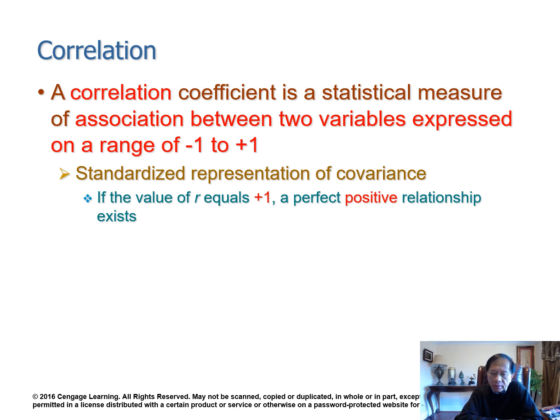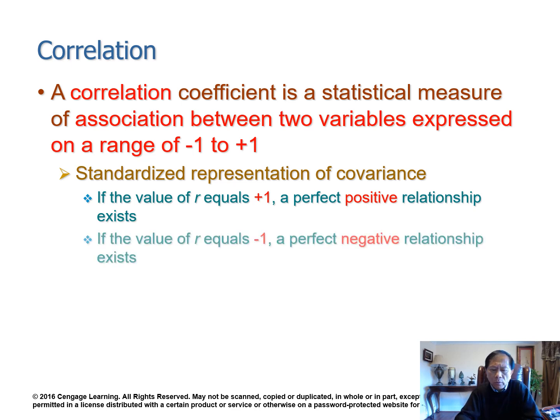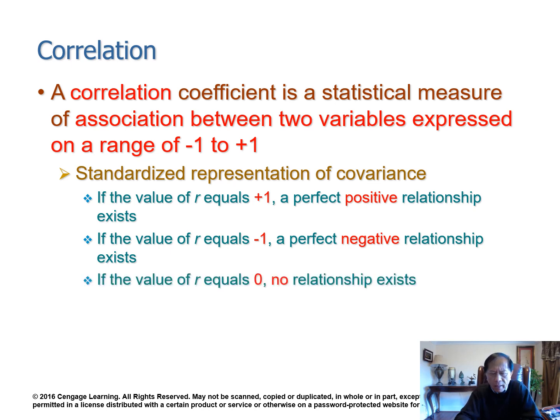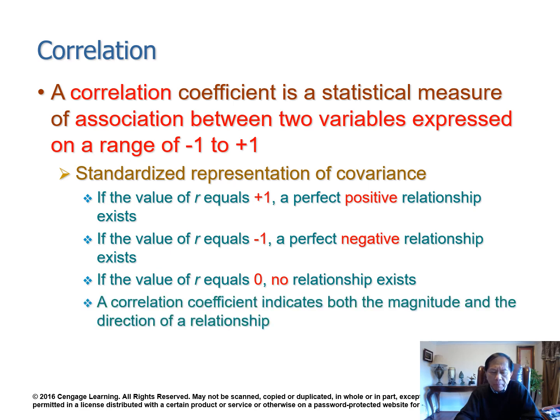A perfect positive relationship exists if r is +1. If the value of r equals -1, we say a perfect negative relationship exists. And if the value equals 0, no relationship exists.